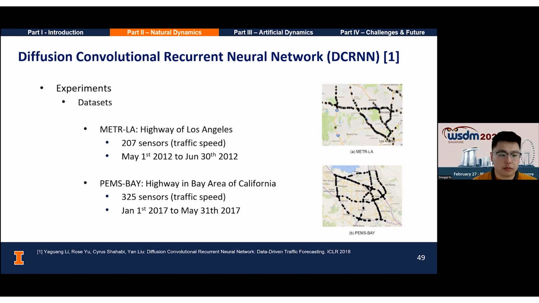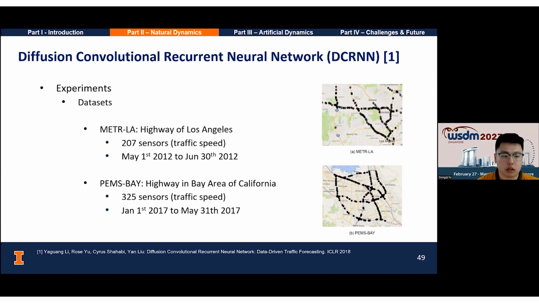In this road network, we have 207 sensors, and each sensor is recording the traffic speed of a road segment. The time series is recorded from May 1st, 2012 to June 13th, 2012. And the second data set is called PEMS-BAY, which is the highway network in the Bay Area of California.